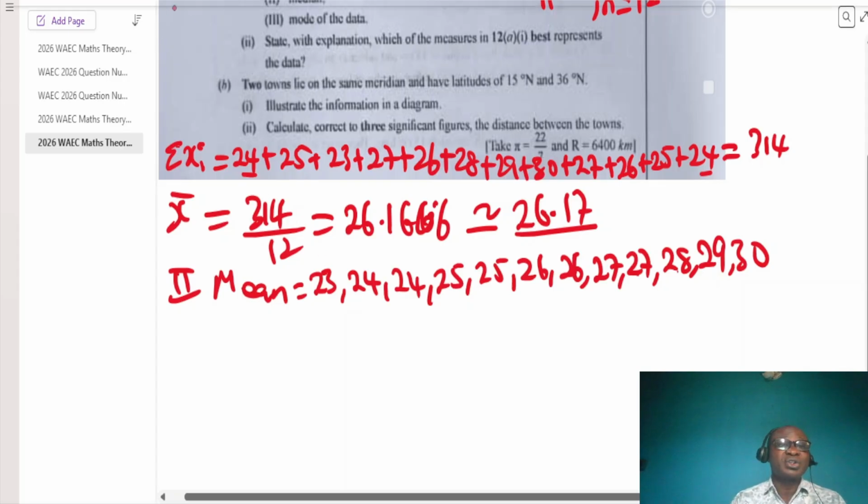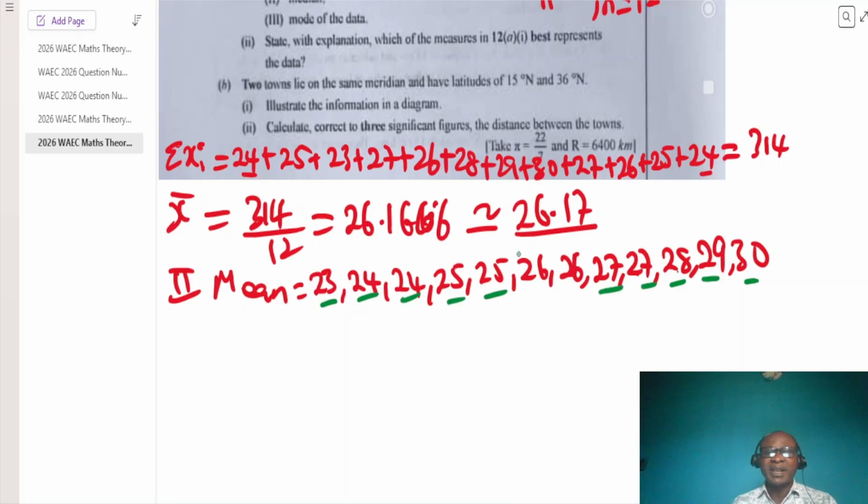So let's count them. If I count 1, 2, 3, 4, 5 from the back, and 1, 2, 3, 4, 5 from the front, you can agree with me that these 2 values are the numbers at the middle. If it's only 1 value, that is the answer. But now that there are 2, what do we do to find the median? Please, this is median.